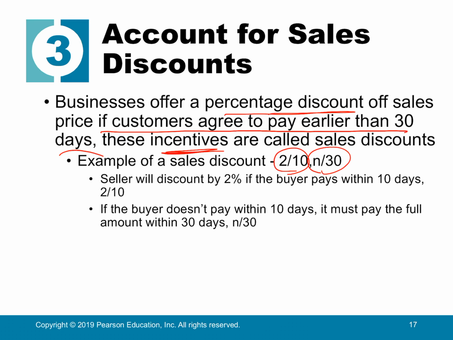So 2/10 n/30 just means 2/10 net 30. So the seller will discount the sale by 2% if the buyer pays within 10 days. That's the 2/10. If the buyer doesn't pay within 10 days, it still must pay the full amount within 30 days. So net amount, the whole amount within 30 days.